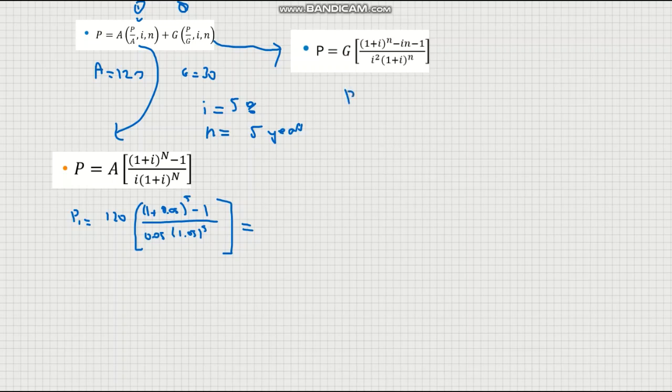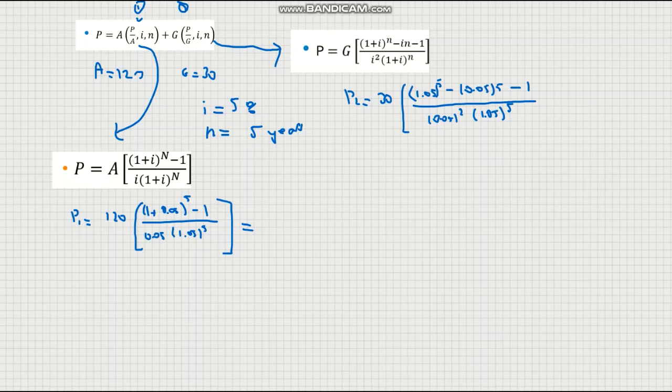And for here, P2 is equal to G, which is 30, multiplied by 1.05 to the power of 5, minus 0.05 multiplied by 5, which is 0.25, minus 1, over 0.05 squared and 1.05 to the power of 5.